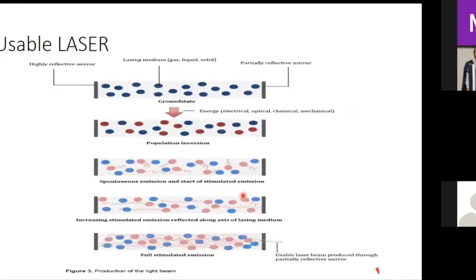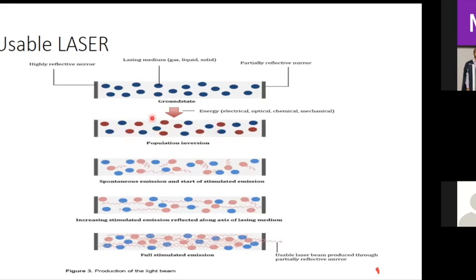So now, these electrons, or atoms, that are here are in the ground state. This side is a partially reflective mirror. This side is a highly reflective, or fully reflective, mirror. You apply energy, some electrons become activated; those are the red ones.